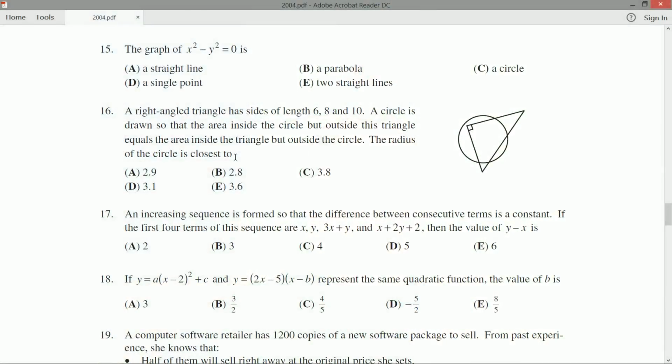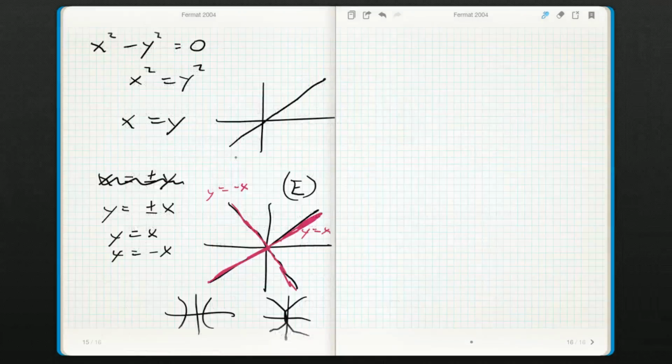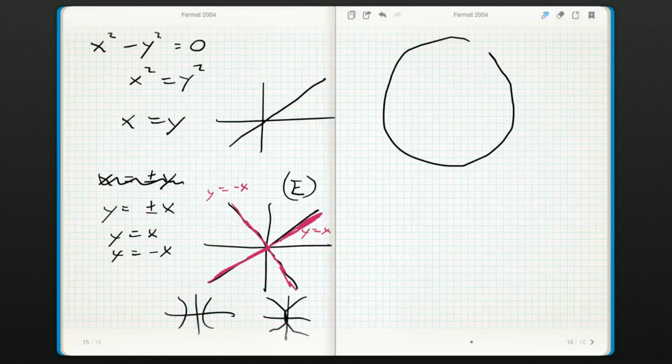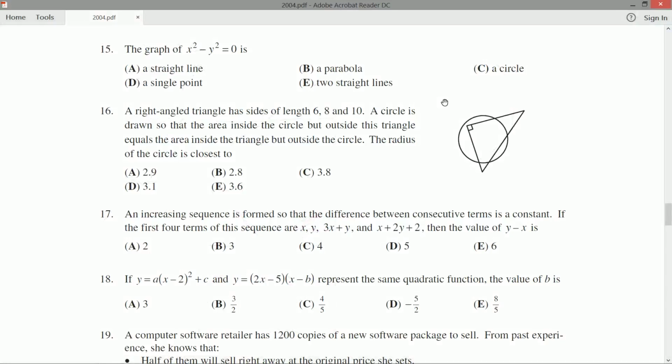Alright, so area inside the circle but outside the triangle equals the area inside the triangle but outside the circle. So let's get a picture going on here. That's not a terrible circle. Now, the thing is, with the picture they've got there, we just have some overlap.